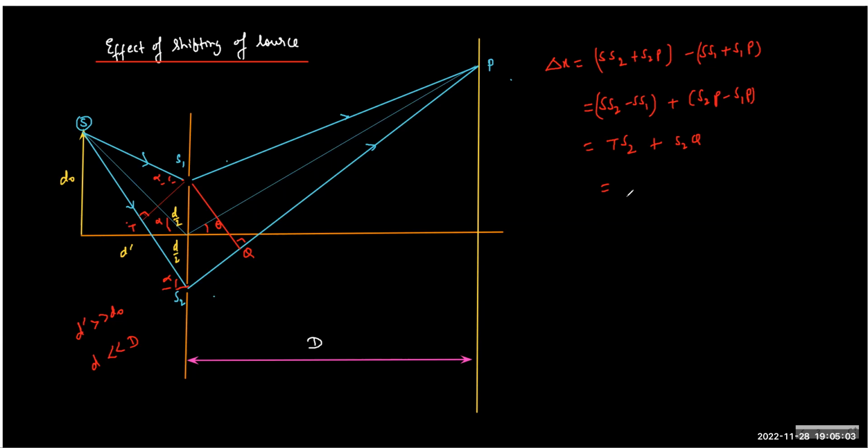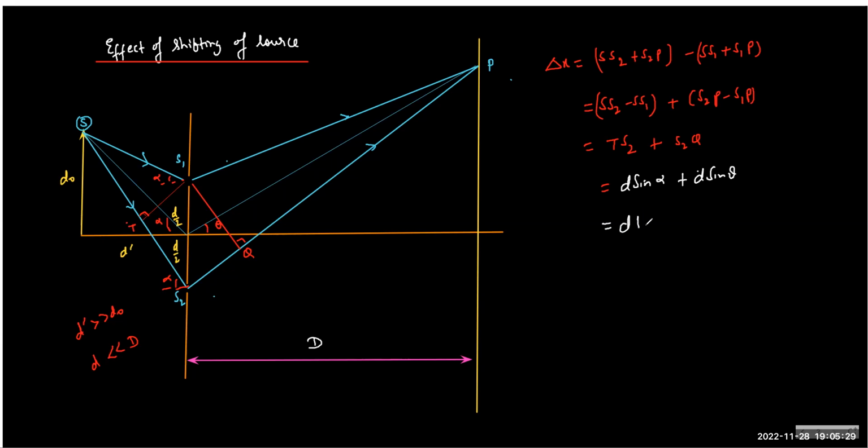So now how to find S2Q? TS2 is basically d sin alpha. Do you realize this is d sin alpha? Yes. And S2Q is d sin theta. And similarly, as we were changing the sin into tan, we can do the same here also.